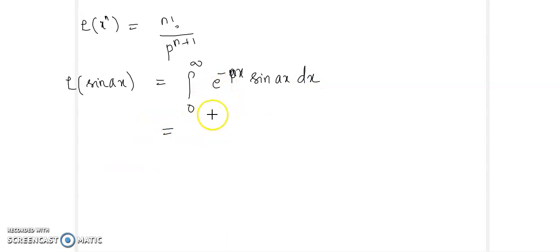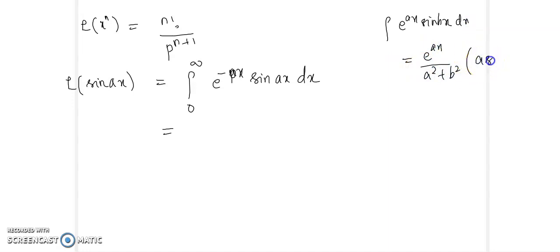So we have this integral: e raised to ax sin bx dx will be e raised to ax by a square plus b square, times a sin bx minus b cos bx, plus c. So using this, instead of a you will have minus p, and instead of b you will have a.